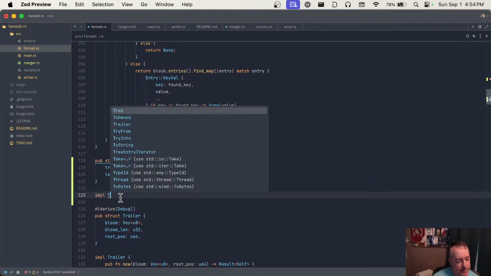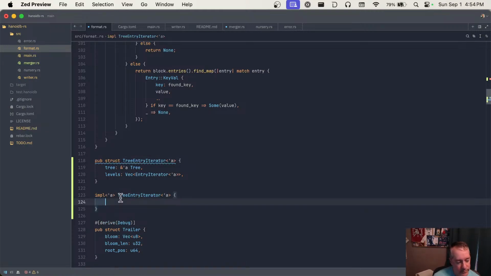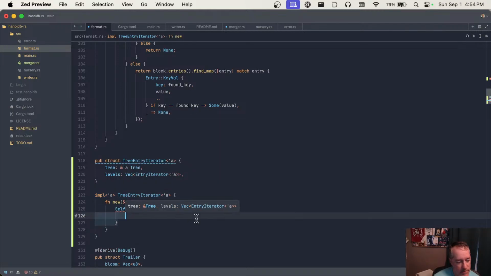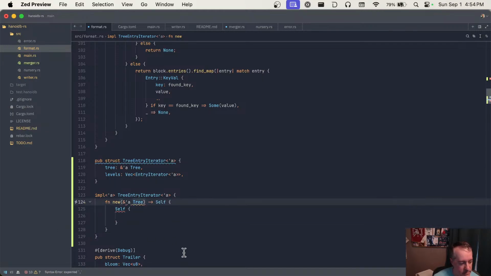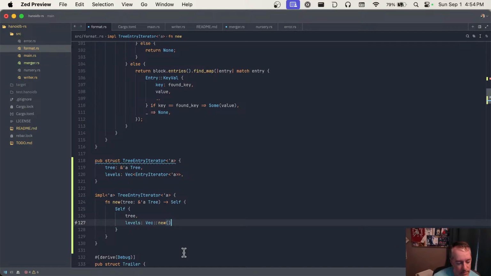Okay, so we're going to do self tree is that, sorry, and then levels is going to be a vec new. Okay.